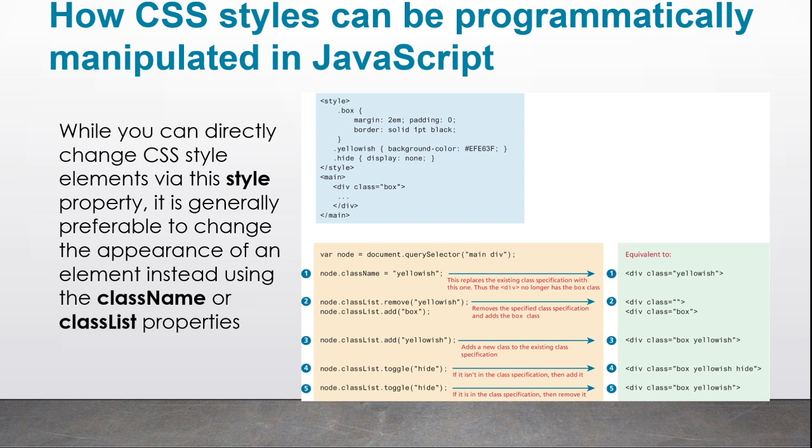Because if you do it with the dot style instead, it's not modular. It's every element that you're wanting to add that to, you have to copy and paste that dot style and then whatever you're changing. Whereas if you in your CSS create a class, then you just have to add and remove that class, which is what it's showing here.